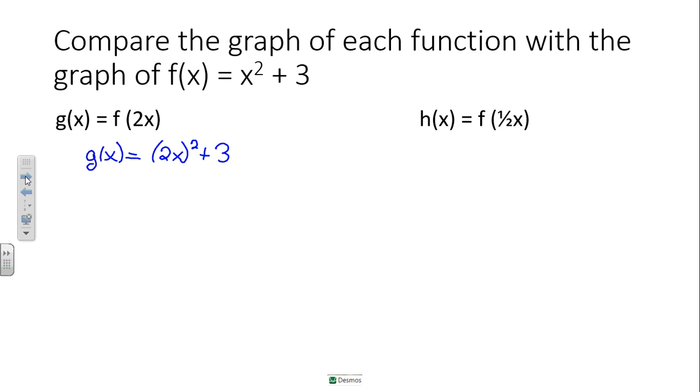Horizontal shrink. Awesome. Okay, and how about the next one? Horizontal stretch. That's awesome. And the previous features were awesome. You know what you're doing.